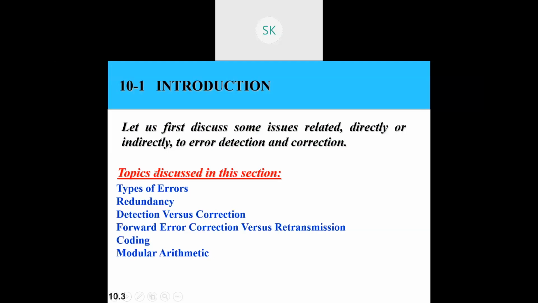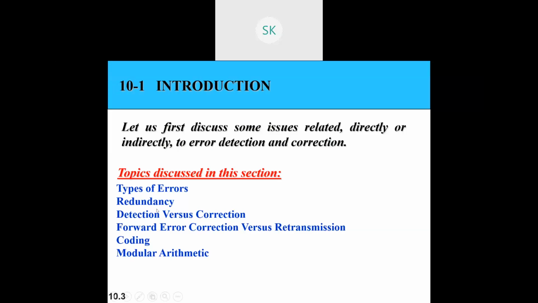We'll see what all we will be going through in this error detection and correction. First of all, we need to identify the types of errors we will have once we transmit data from one end to another. So that is types of errors. Next, how to detect these types of errors and how to correct them.